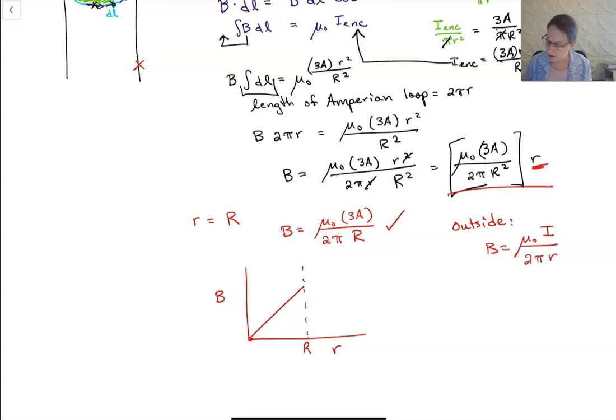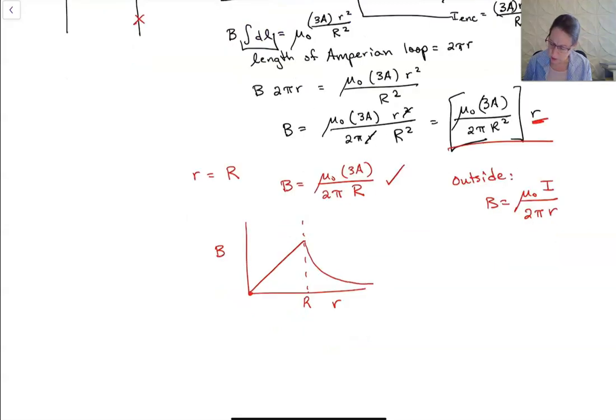So in fact, as 1 over R. In other words, it drops off as we get further away. So that makes some sense. I think if we get far enough away, this magnetic field heads off to 0. We don't notice the influence.